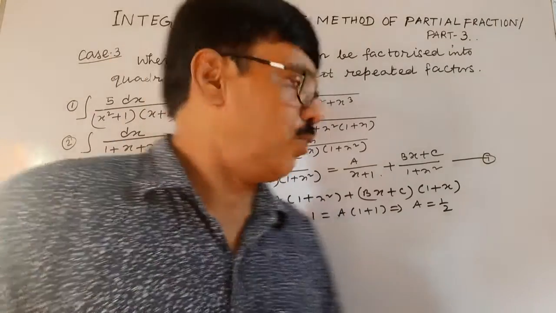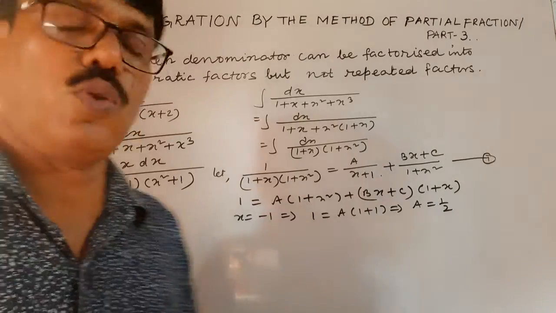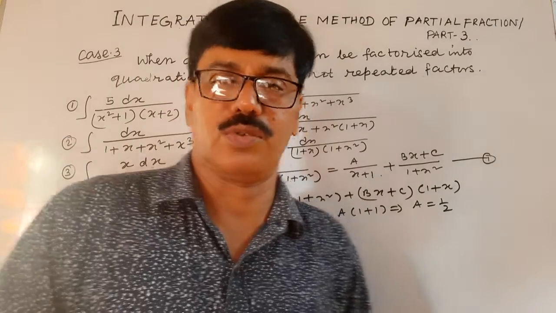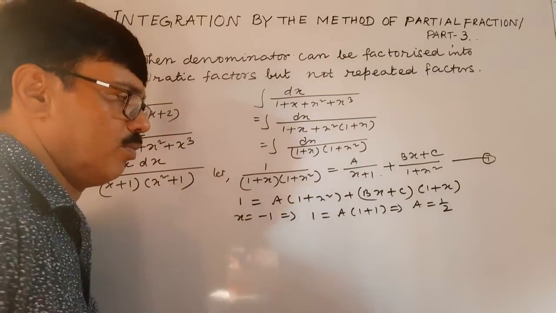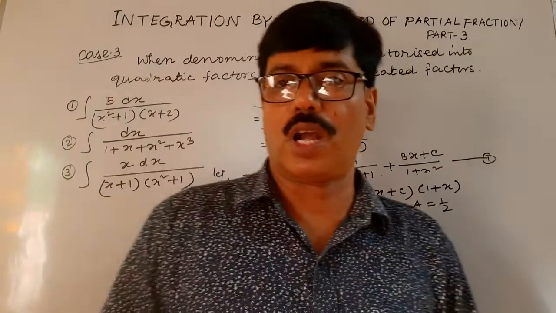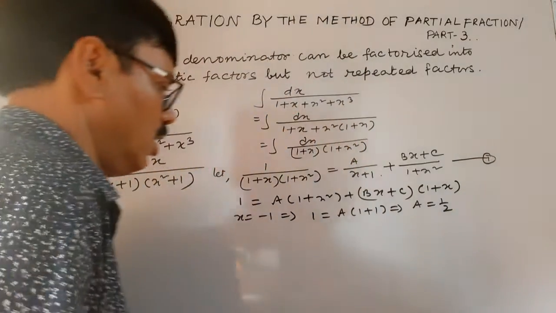Now if we put 1 plus x square equals to 0, then x is imaginary. So we put only real values. So we have to put other values of x or compare coefficients.